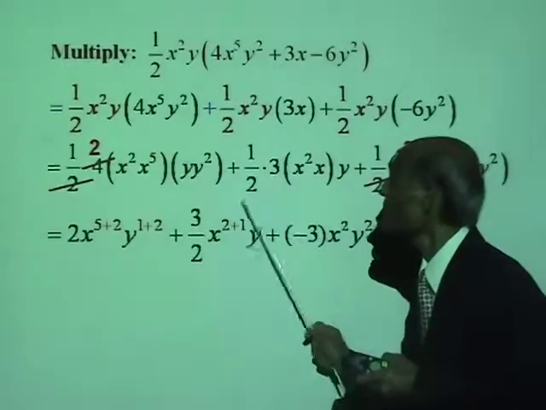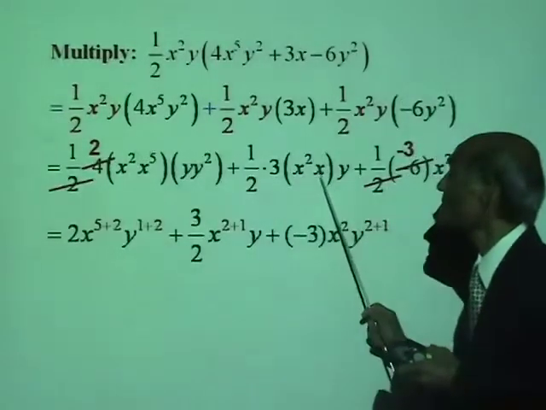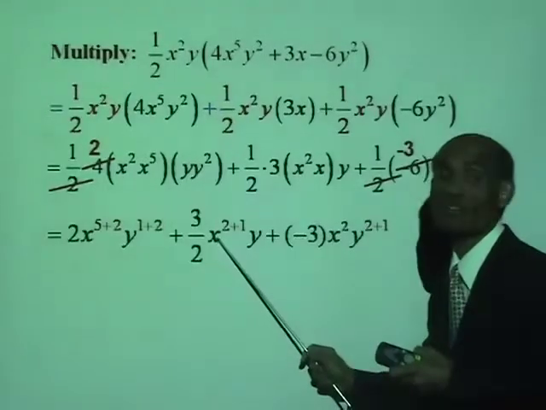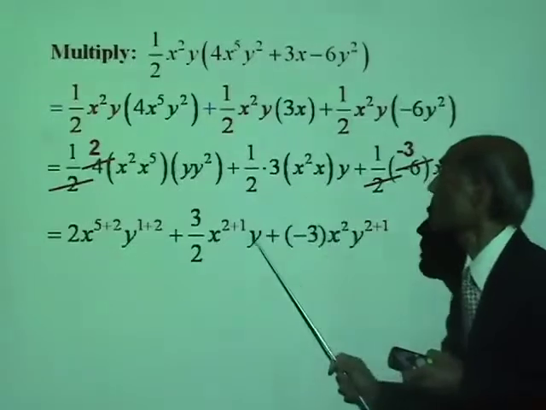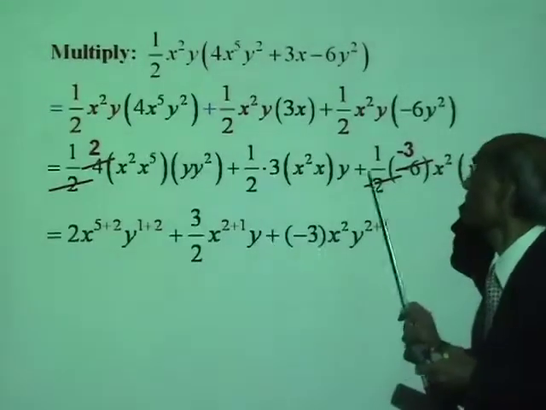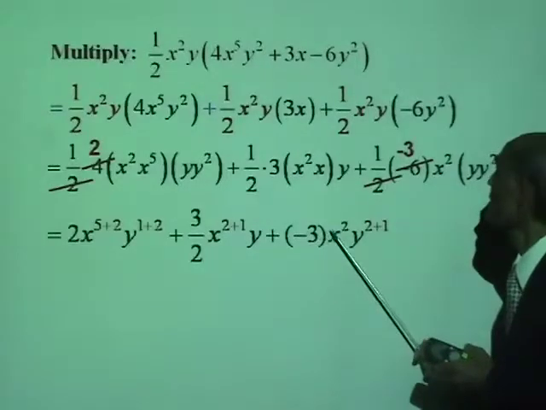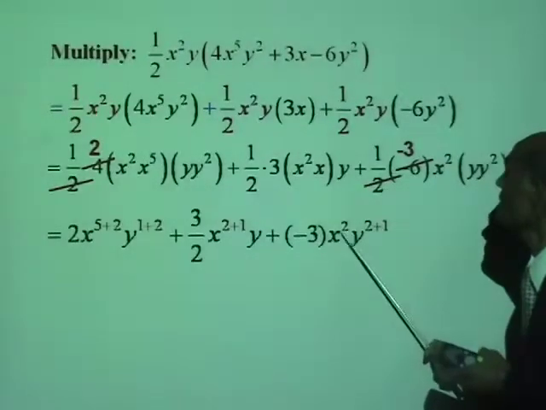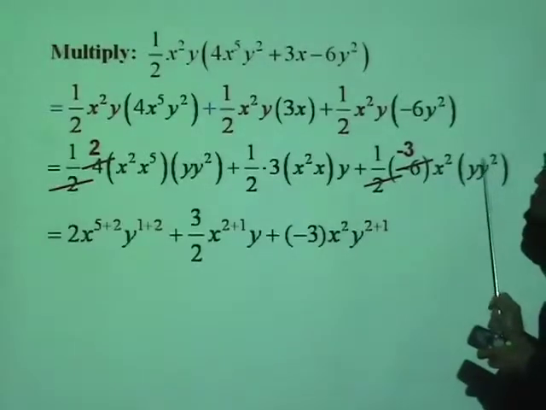So this is 3 divided by 2 times x squared times x is x to the power of 2 plus 1 times y, plus this number is now negative 3 times x squared times y to the power of 2 plus 1.